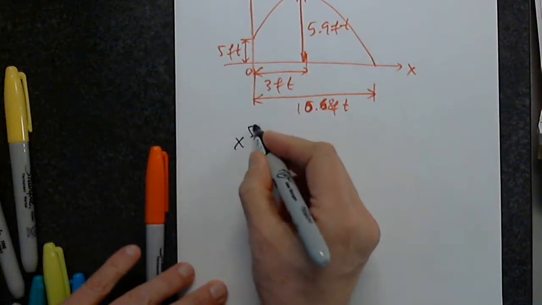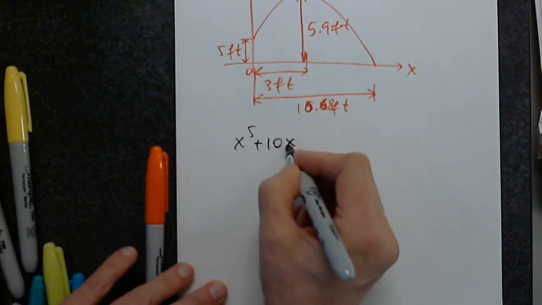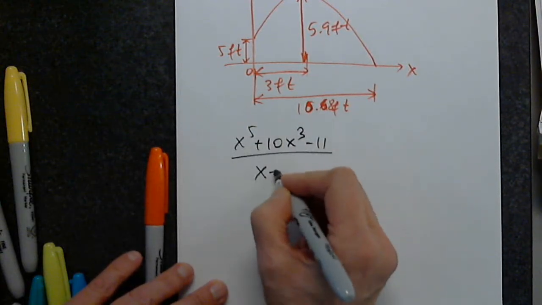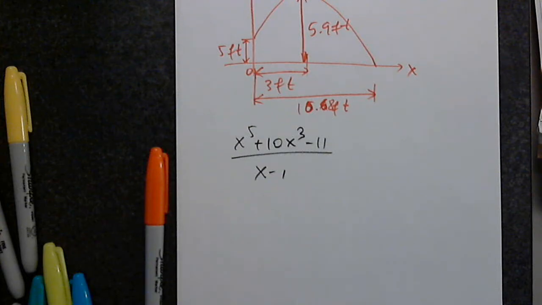So we have x to the 5th plus 10x cubed minus 11 divided by x minus 1. We're asked to use synthetic division and divide these two. Okay, so can I use synthetic division first of all?